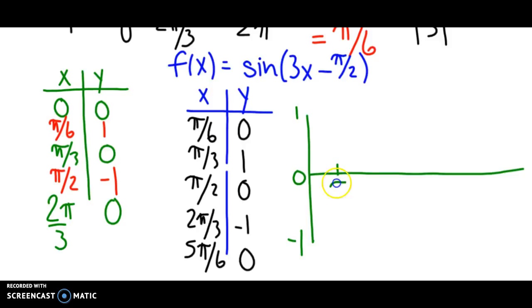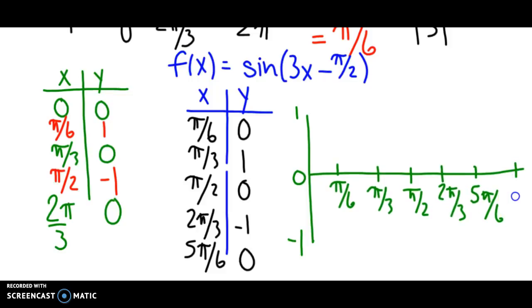So this could be pi over 6, pi over 3, pi over 2, 2 pi over 3, 5 pi over 6, and then we go to pi. Alright? So put in our values.